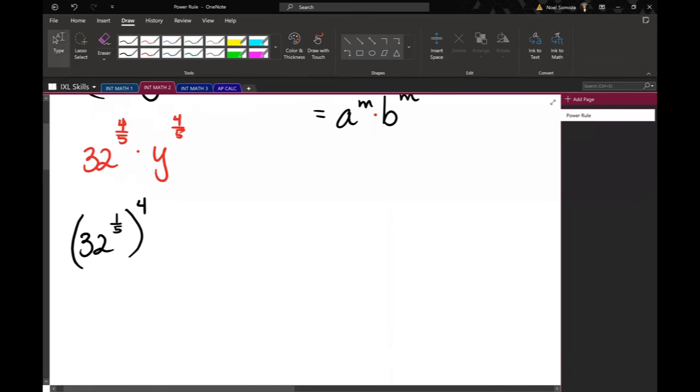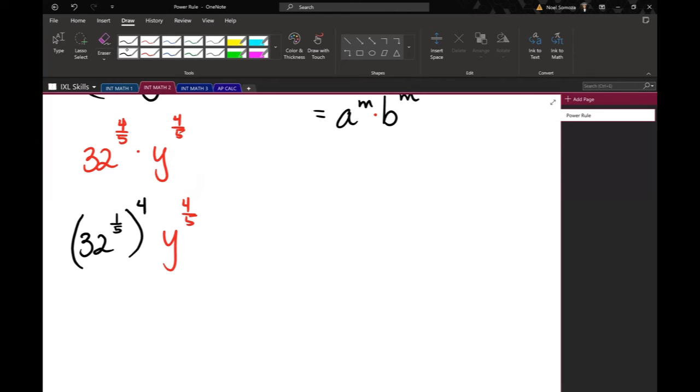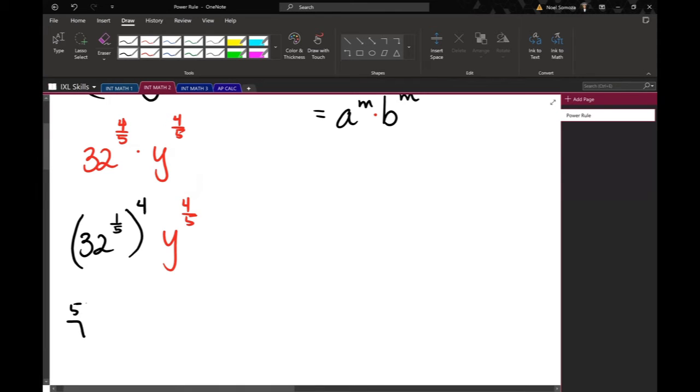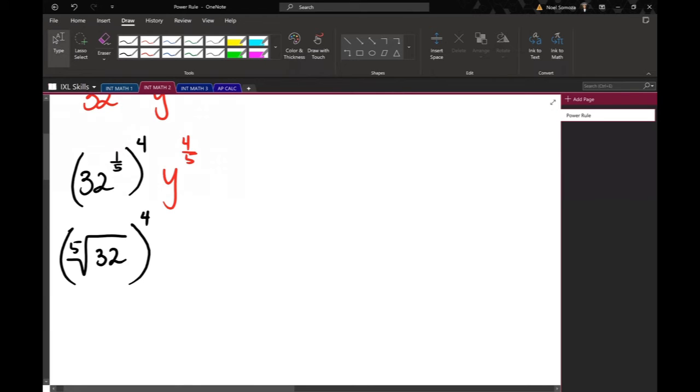It's a much simpler thing to do than to take 32 to the 4th power and then try to find the 5th root of that. So I'm going to bring down for now y to the 4/5. But what I'm going to try to find first is the 5th root of 32. And then once I find that, I could just take that to the 4th power. So there's a little bit of creativity and flexibility that can be applied here.